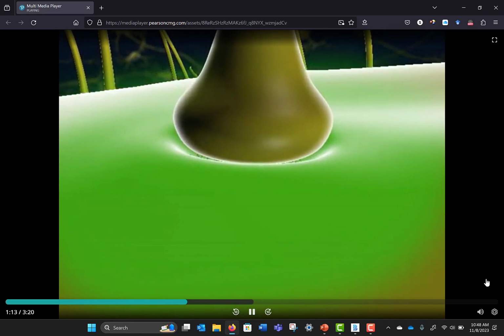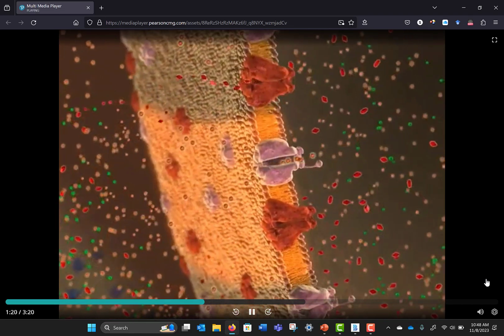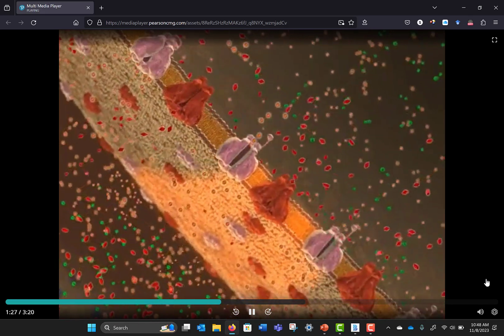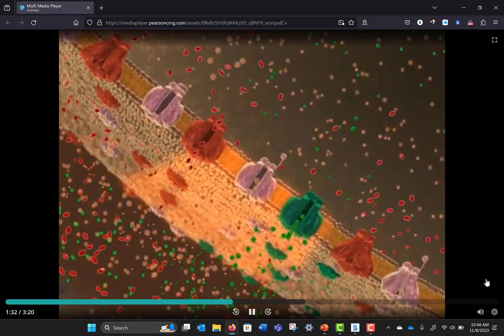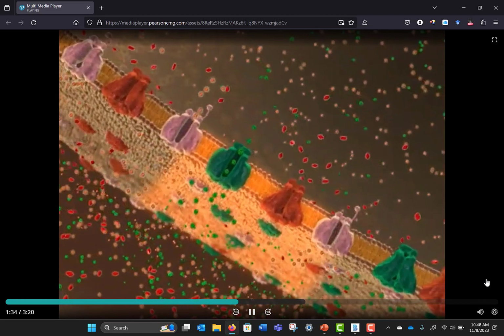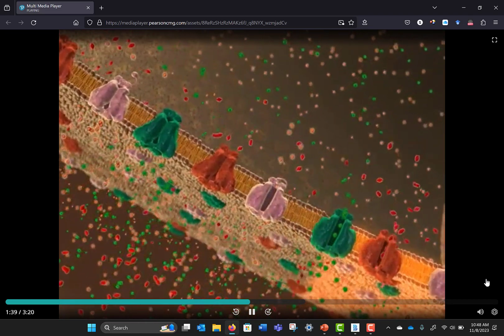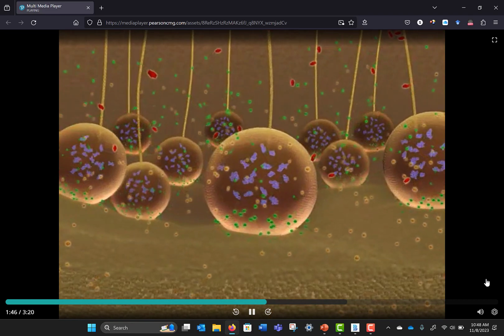Let's take a closer look. An action potential is propagated down an axon by the opening and closing of sodium and potassium channels. When an action potential arrives at the synaptic terminal, it causes the opening of calcium channels, shown in green. Calcium ions enter the synaptic terminal through the calcium channels. Calcium ions bind to the vesicles containing neurotransmitters.